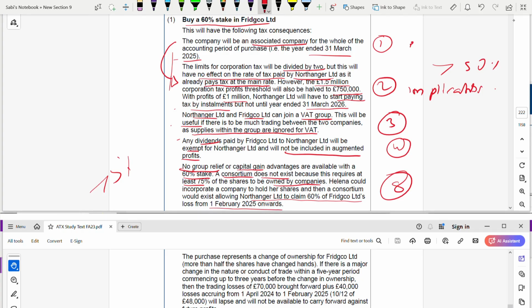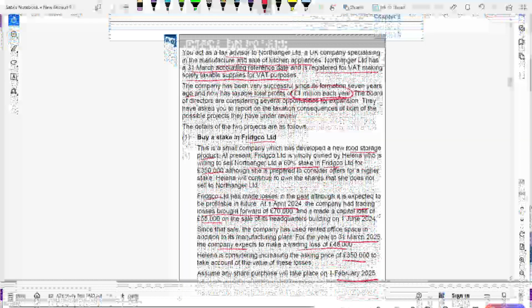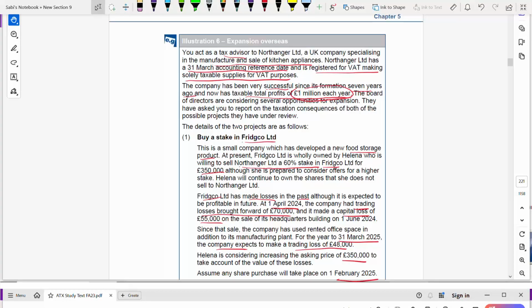See, Helena through a company could hold shares. Okay, it should be owned by companies. If an individual is holding shares, a consortium will not arise. It should be a company. In this case, we'll read once again where they have talked about Helena.